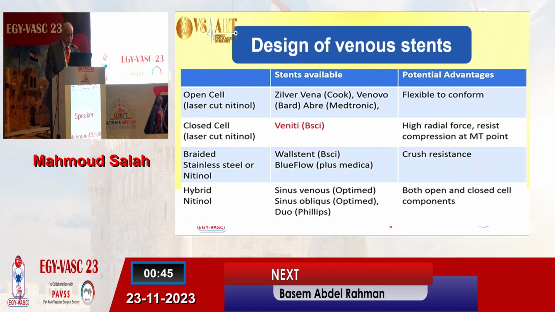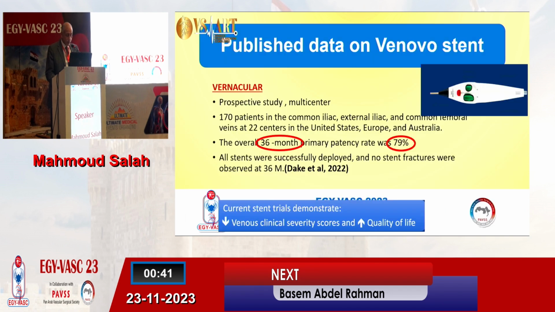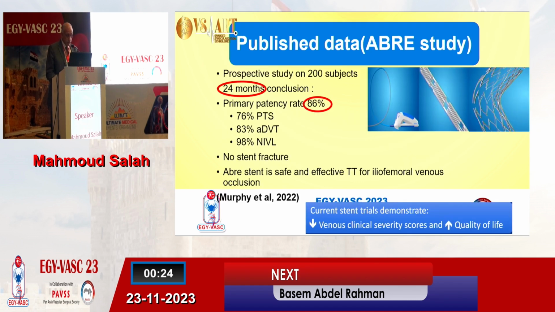The design, again, open cell and closed cell, I will not repeat. This is the Venovo study. This is the longest, about 36 months, and the patency rate was about 79%. This study was about the Abre, for 24 months, and the patency rate was 86%.